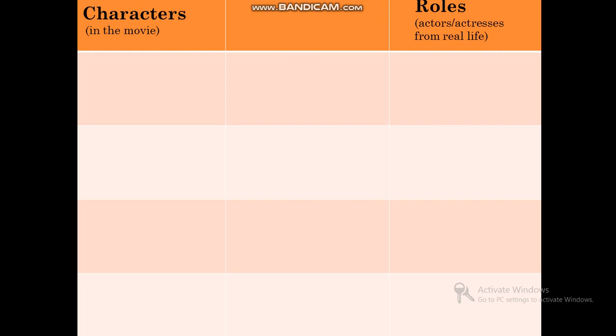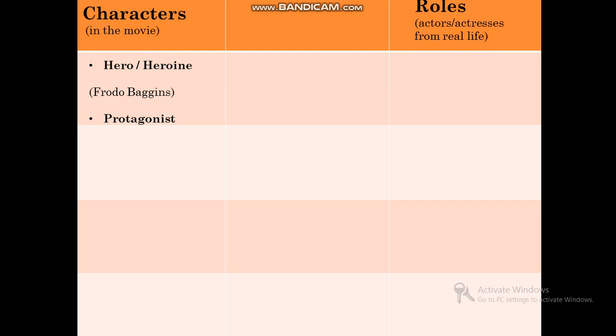I am going to give you an example from the movie The Lord of the Rings. In the movie, we have the characters hero and heroine. Hero is for the male, and heroine is for the female. And protagonist has the same meaning as hero and heroine as well.